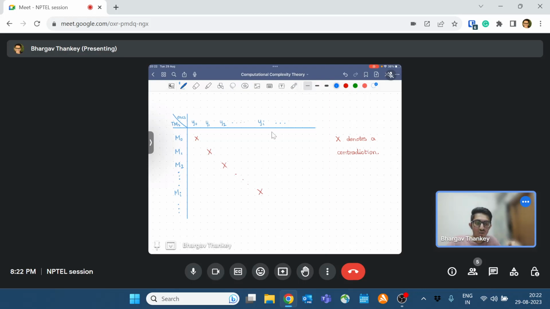So when we say that the Baker-Gill-Solovay theorem says that diagonalization cannot be used to prove P not equals NP, what we mean by diagonalization is something more general, and that was covered in class, right? By diagonalization, we mean any proof that uses, number one, the existence of encodings, and number two, the existence of a universal Turing machine.